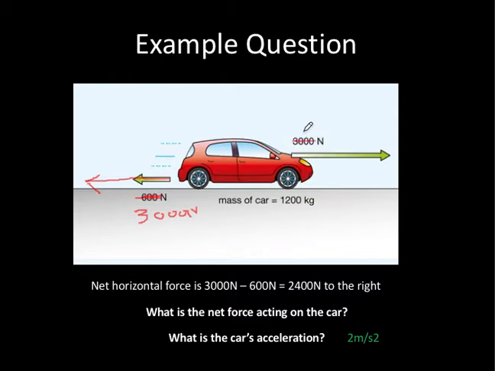If I just refresh the slide, if these values were 0 newtons of forward thrust, and 600 newtons going this way, that means the car is reversing a direction. But if I change this to 0 as well, that means the car is now stationary.